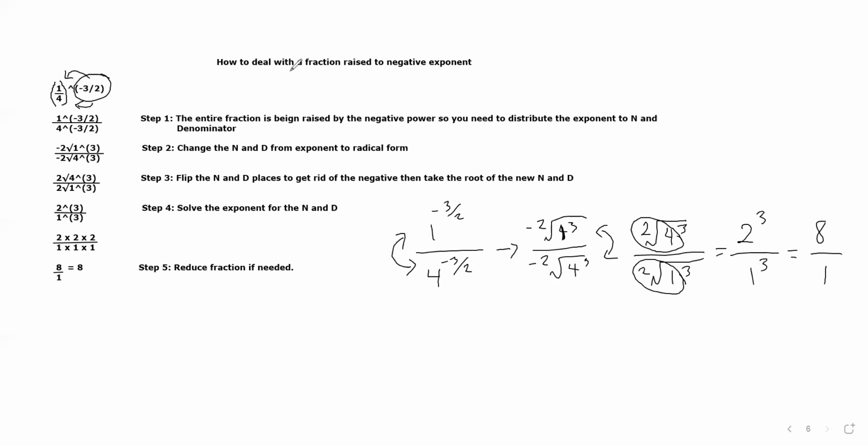Your answer, when literally the only thing I changed was the negative in the exponent. And because of that, we ended up with 8 over 1. Now, 8 over 1, reduce the fraction if necessary. In this case, you would have to reduce it by just getting rid of the 1. 8 over 1 is just 8 divided by 1, which is just 8. So your answer at the end is just 8. The answer to that complicated thing is just 8.